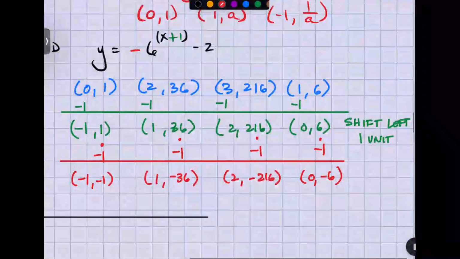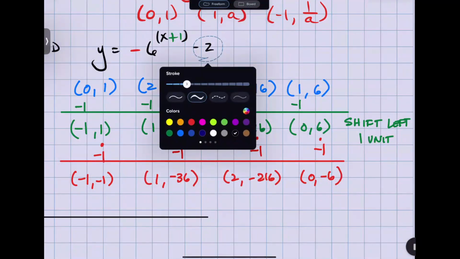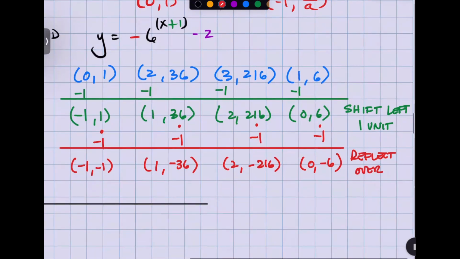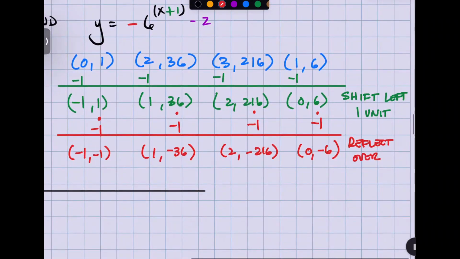Now what do I do? Oh, I'm sorry. I forgot to say this. This is reflect over what? X-axis.